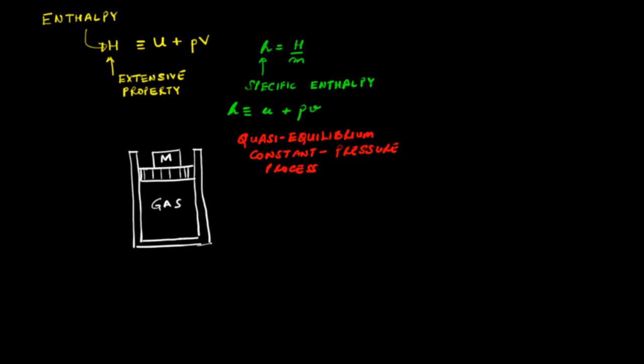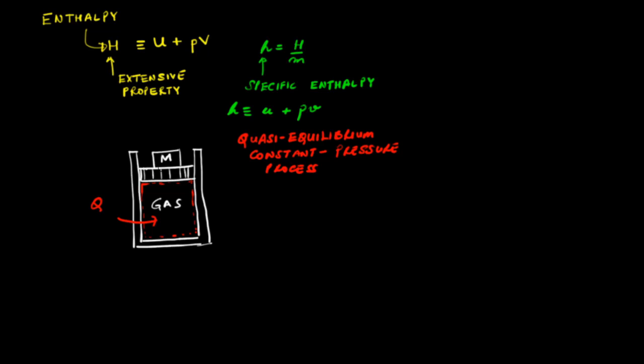So how we can take this system, that is this gas enclosed in this piston cylinder arrangement, through a constant pressure process is that we can add heat to this gas, and while this gas expands, the mass of the piston and the mass that is kept on the piston remains the same.